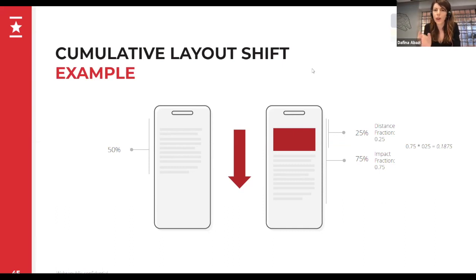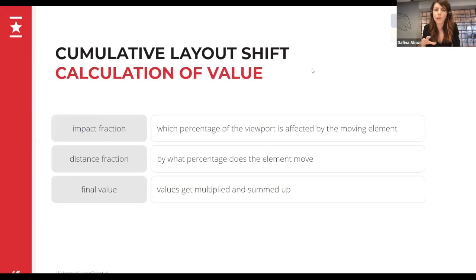Its impact fraction is 0.75. So the browser looks at the viewport size and movement of unstable elements between 2 rendered frames to calculate the layout shift score. So the layout shift score is a product of 2 movement measures, impact fraction and distance fraction.